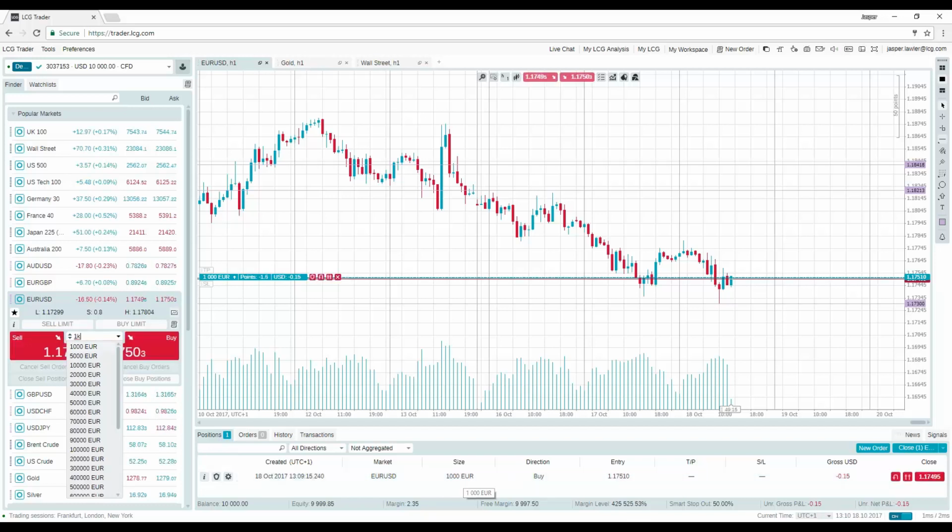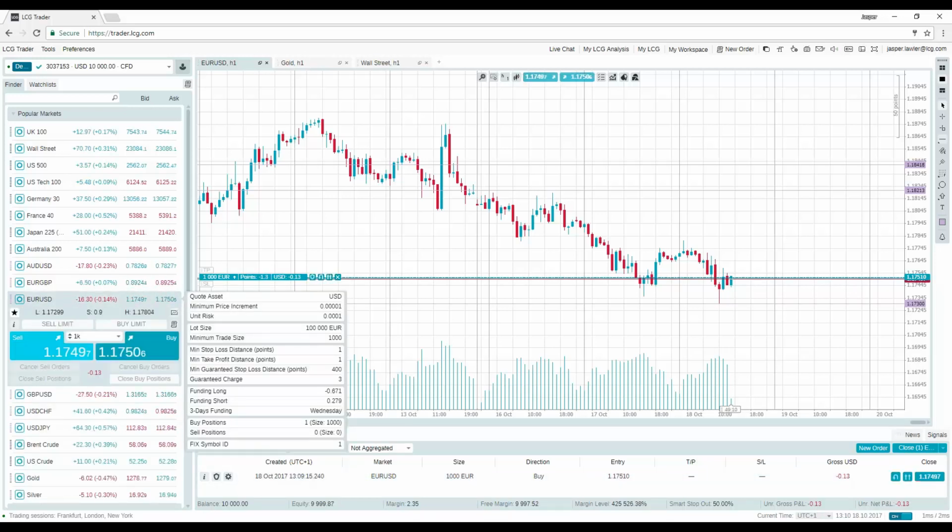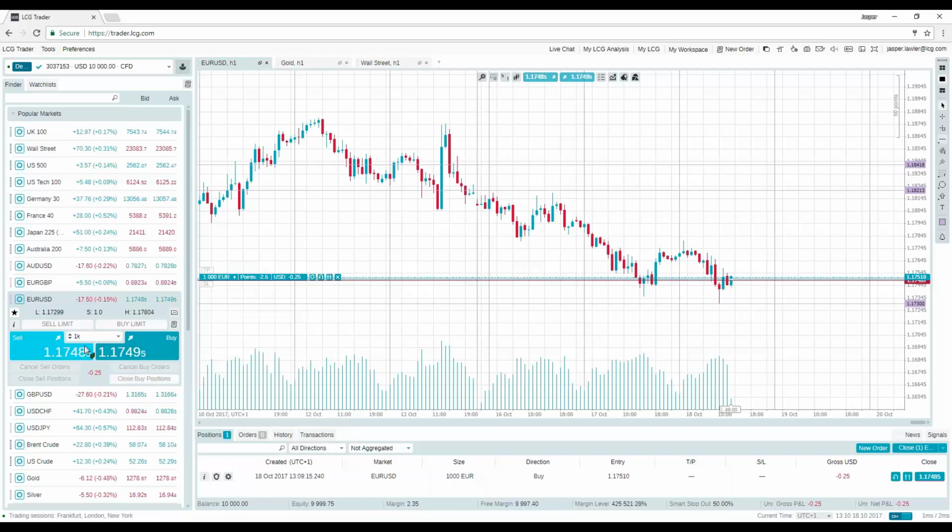So each little incremental change, which in currency terms is known as a pip, you're going to be making, in my case, since my account's in dollars, 10 cents for every little fourth decimal place movement you get in the market. So maybe I can up the ante to 10,000 euro or even 100,000 euro.